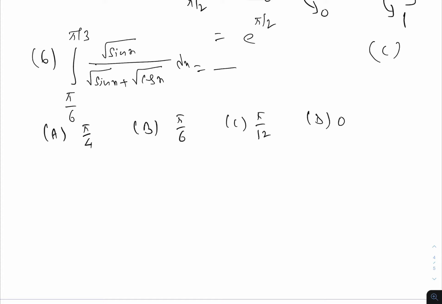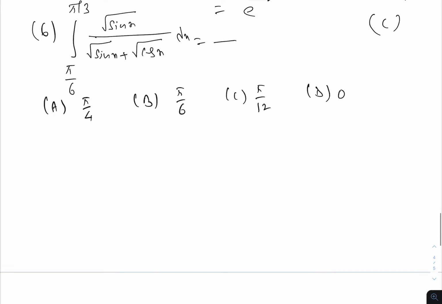Now we know, again there is one property, even just by looking at this example we can solve it. What is the property?